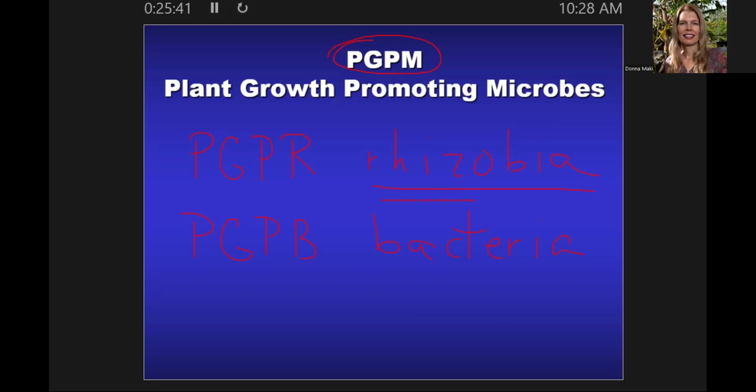So there's been a lot of research in PGPMs, looking at how we can use microbes that coexist with their plant host or just hang out with plants, and use that ecological knowledge to our advantage, especially for growing crops. And so in the agricultural realm, this is catching on. Now, not that long ago, this was a fringe science.